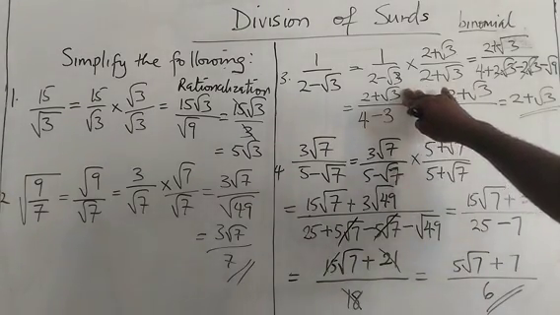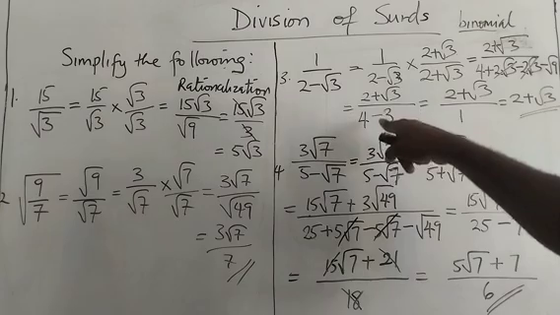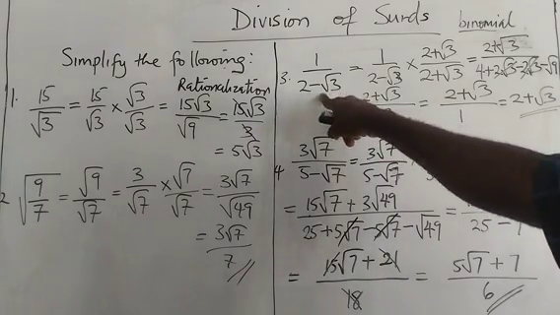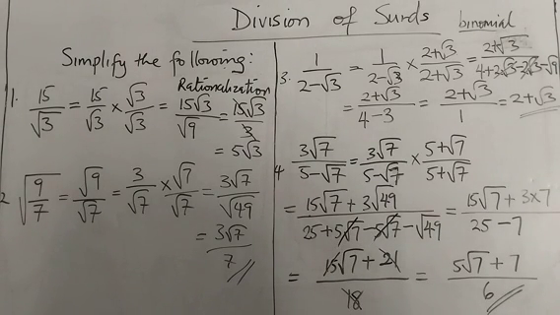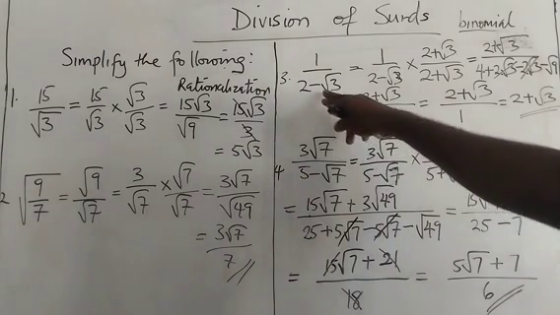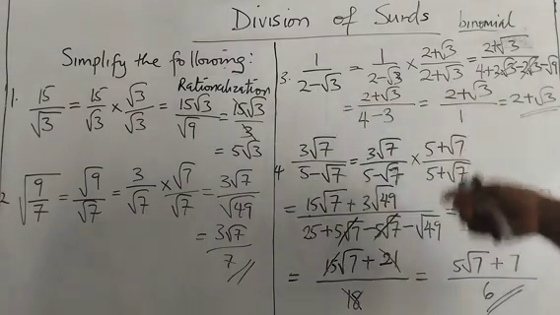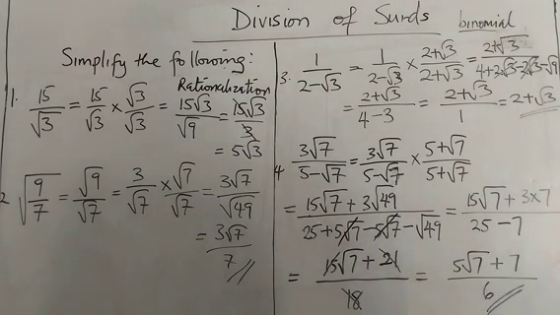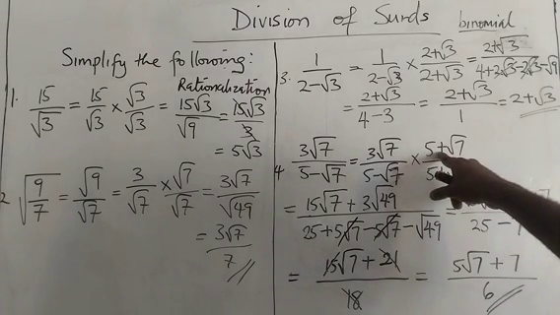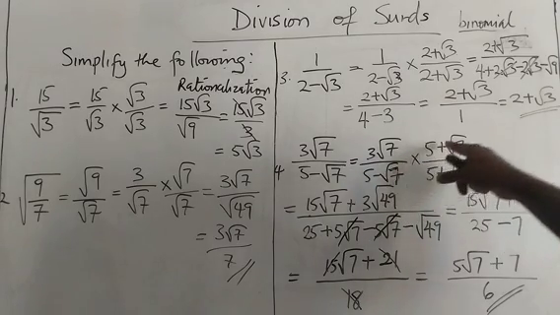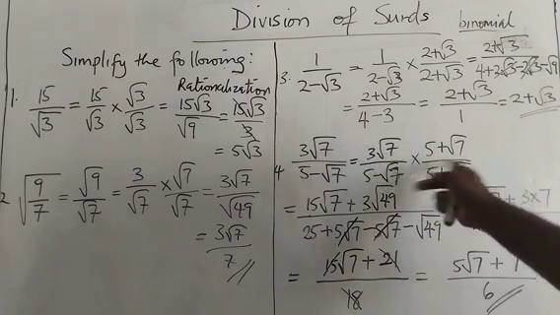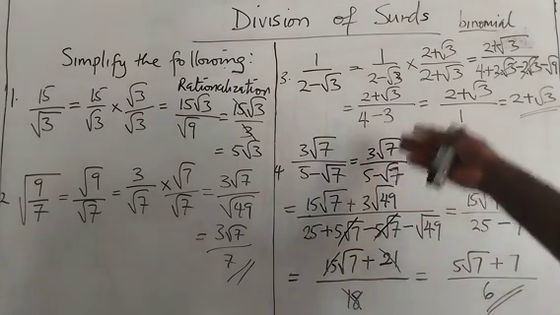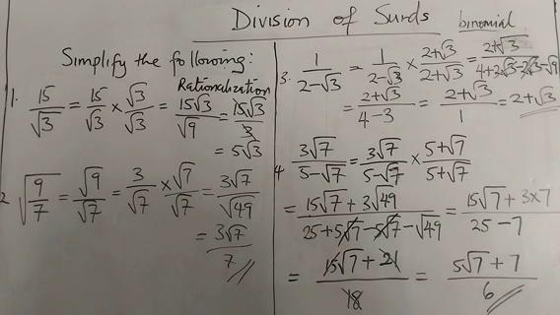But in question 3 and 4, we'll have binomial surds as the denominator. And for you to rationalize it, you need to bring in the conjugate. And what is a conjugate of a binomial surd? They have to look alike. They are the same in everything except in the signs connecting them. Use the conjugate to multiply both numerator and denominator and simplify the resulting fraction.